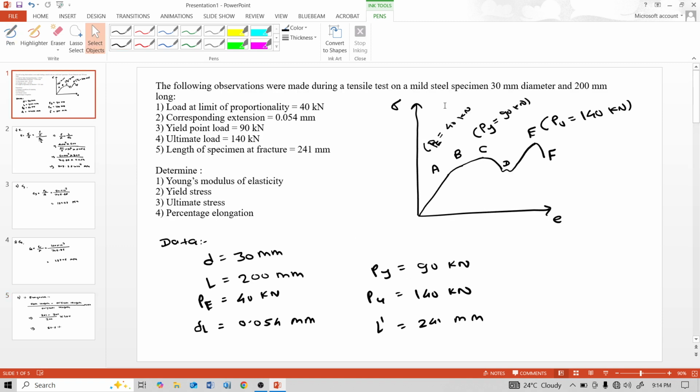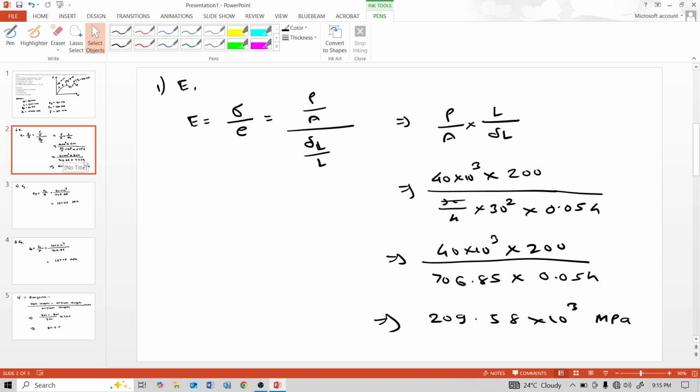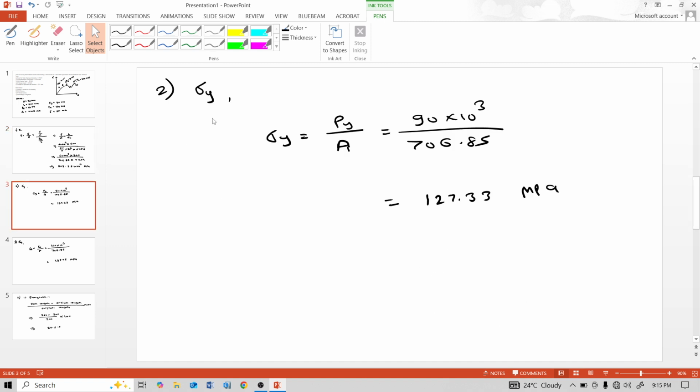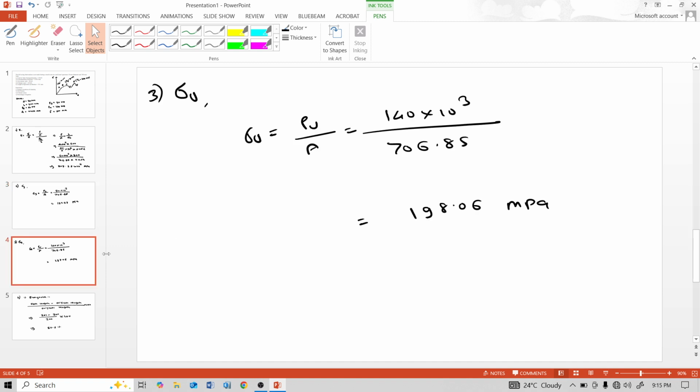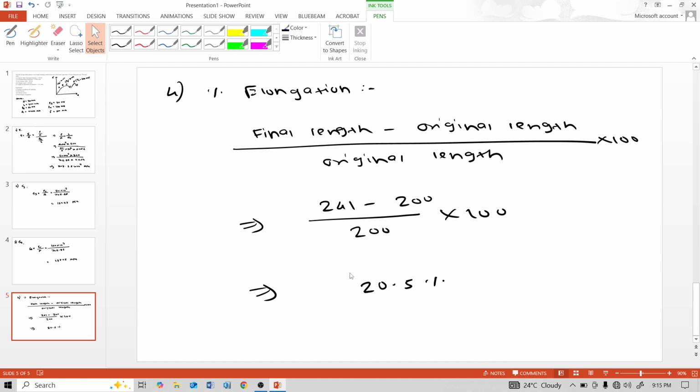So see that for the mild steel specimen 30 mm diameter and 200 mm long, Young's modulus is 209.58 into 10 raised to 3 MPa, yield stress is 127.33 MPa, ultimate stress is 198.06 MPa, and percentage elongation is 20.5%.